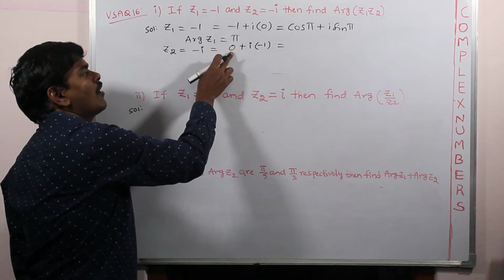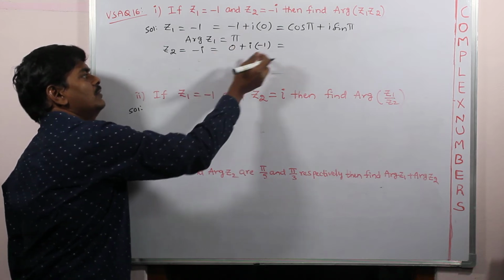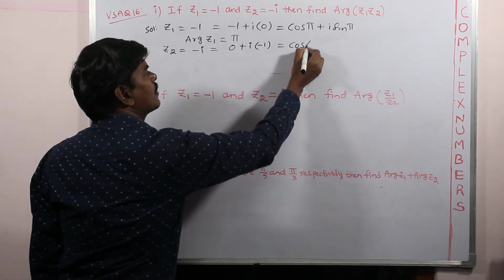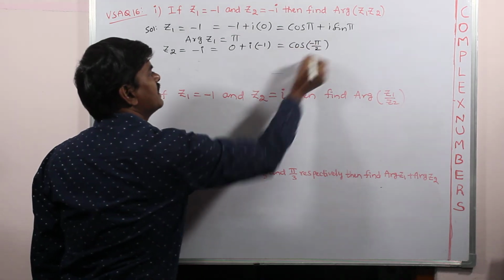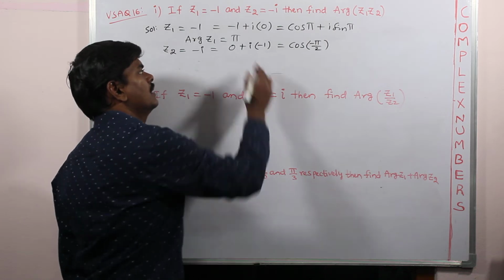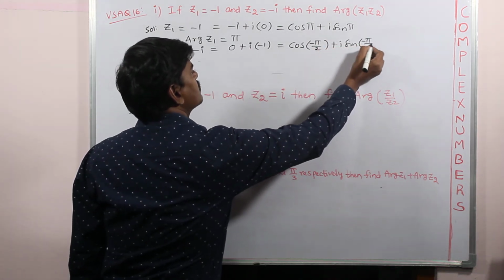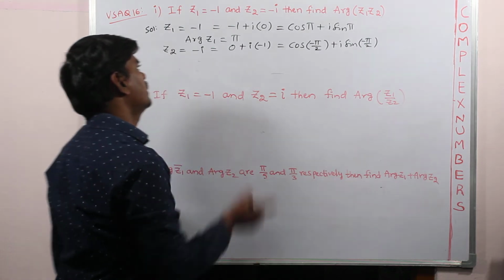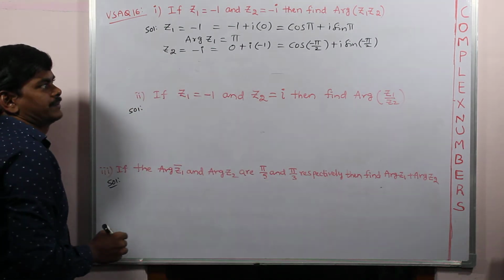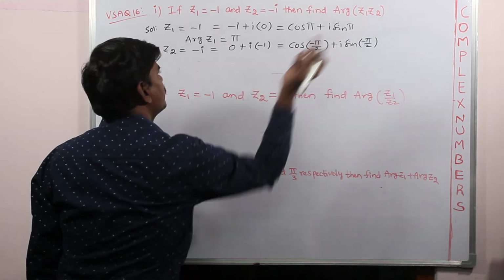At the same time cos of -90, cos 90, is 0. So 0 can be replaced with cos of -90 degrees, that is -pi by 2 radians, plus iota into sin of -90. So trigonometry concept is involved here. Have you got the cos theta plus iota sin theta form or not?